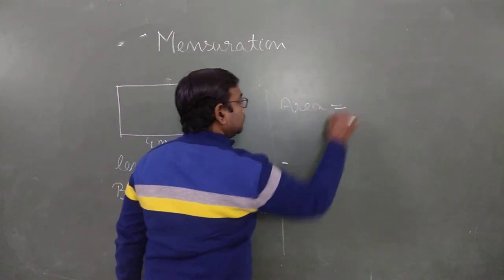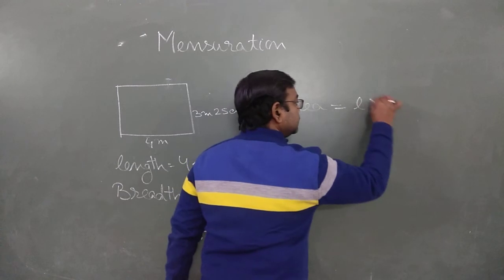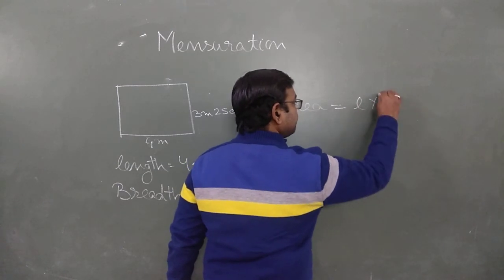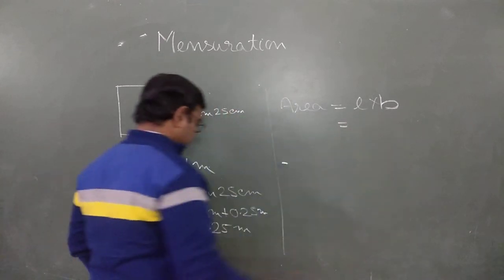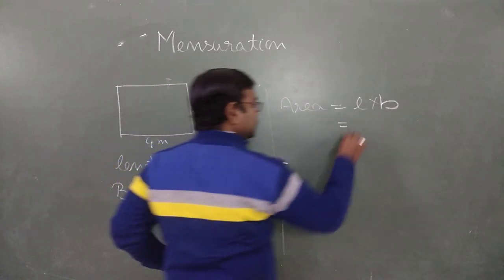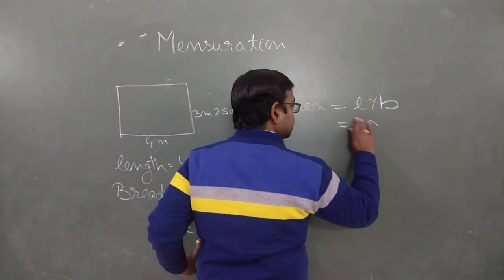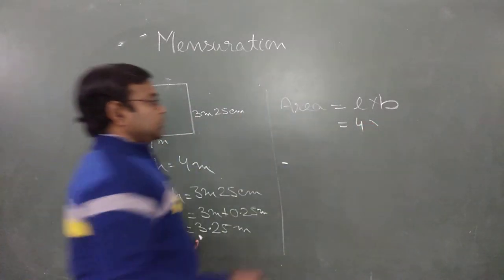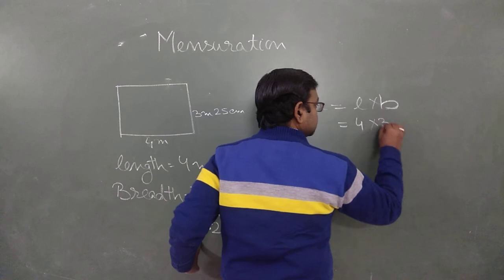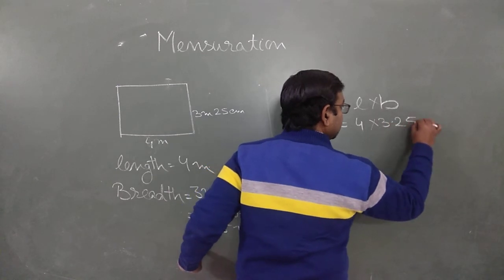Then we have to find out the area. As we know, area of rectangle equals length into breadth. Length is your 4 meter and breadth is your 3.25 meter. And what is the unit of area?